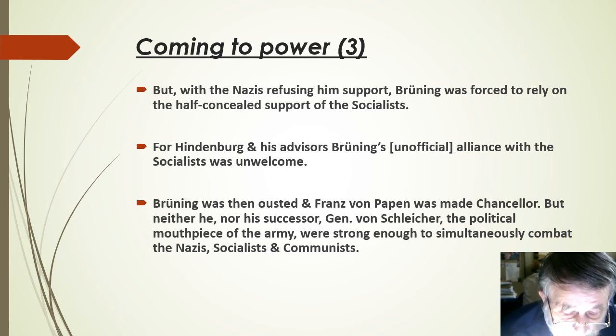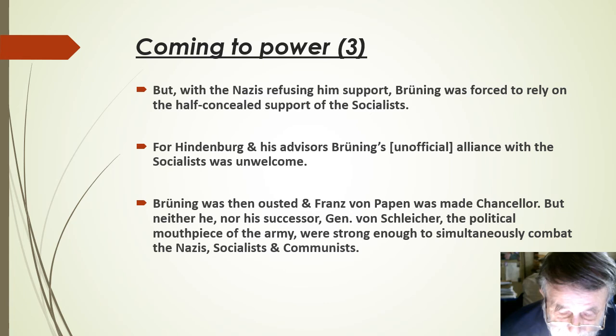They wanted to weaken socialism and strengthen the army. Therefore, Brüning was ousted as chancellor, and Franz von Papen took his place. Von Papen, who was a conservative aristocrat, suppressed the government of Prussia, in which socialist ministers held key positions, and offered Hitler the vice-chancellorship.